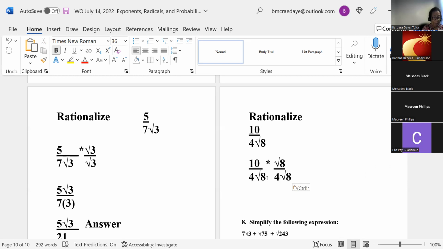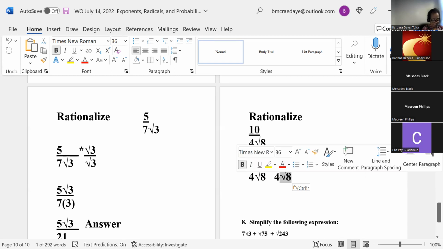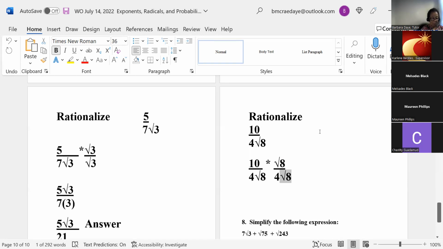So if you multiply that by square root of 8, you've got to multiply the bottom also by square root of 8, right? So I multiply numerator by square root of 8, denominator by square root of 8.